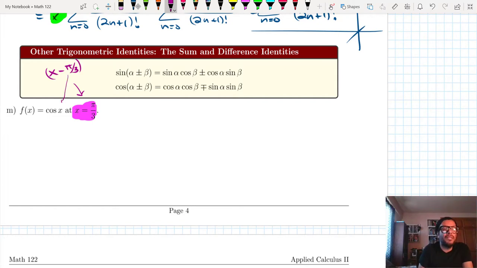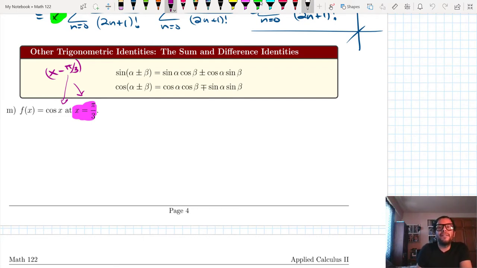But notice it's missing here. However, before showing you how to work with those types of shifts, I need to show you these few trigonometric identities for the sum and difference of angles.